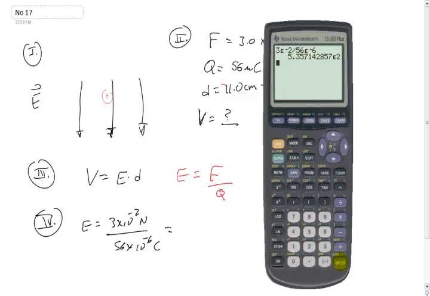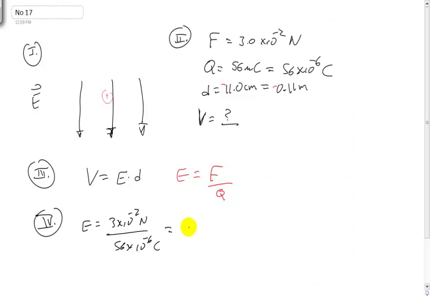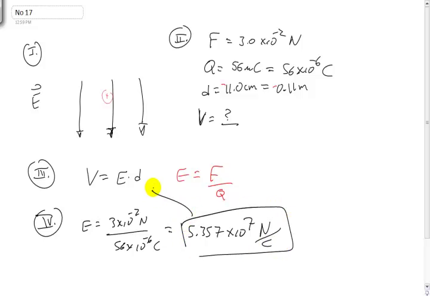Let's keep a couple decimal places, 5.357. Newtons per coulomb is the strength of my field. And now I can put that into my voltage equation. V is just equal to E multiplied by the distance of negative 0.11 meters.